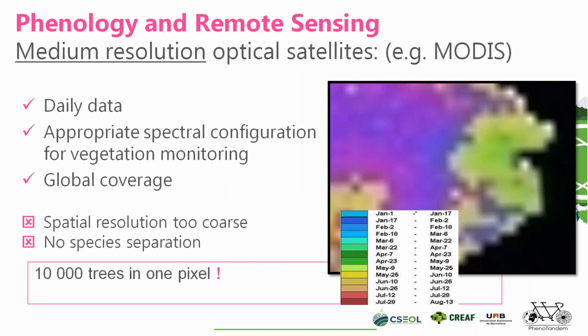But the problem is that what is done in remote sensing is kind of different, because as you can see, the optimal sensors are the ones that have daily data, because you need actually to see this change in the particular day that this happens, like a flowering or something like that. So even if they have the ideal spectral configuration, you see what happens in the map.